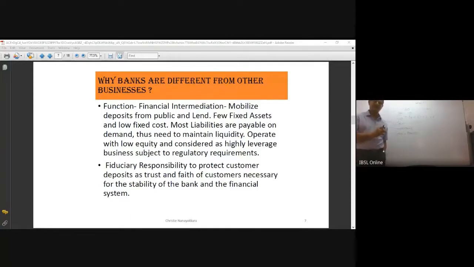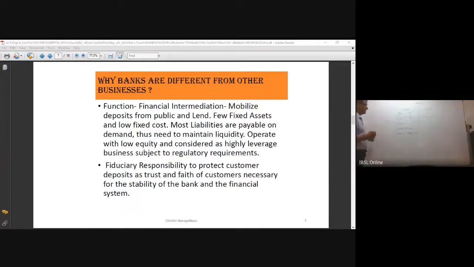This cash includes your balance in the central bank, your current account balance, the money in your safes, on your counters, and also in your ATM machines. This 7% liquidity requirement is needed to serve your customers.